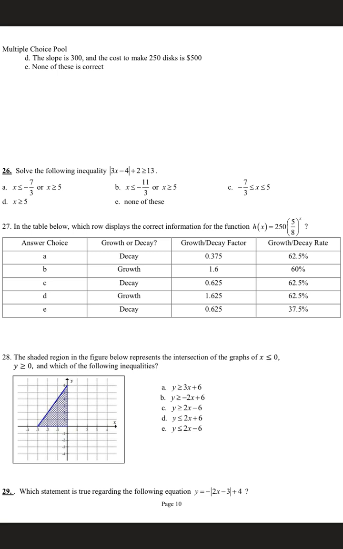Solve the absolute value equation. Of course, you have to isolate the absolute value. So I'm moving the 2 over, I'm subtracting 2. Absolute value inequality, rather, right? And now, when I drop the symbol, remember, it's the same inequality on the other side with the minus. And then solve.